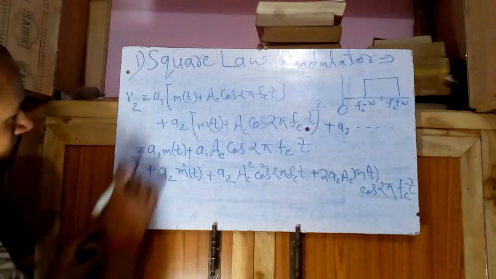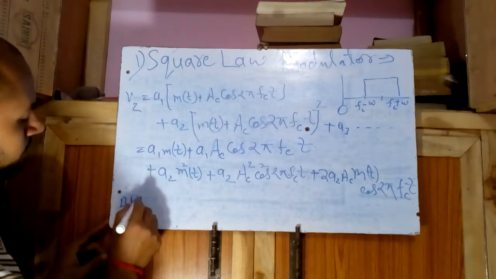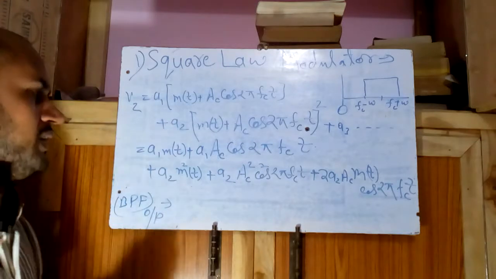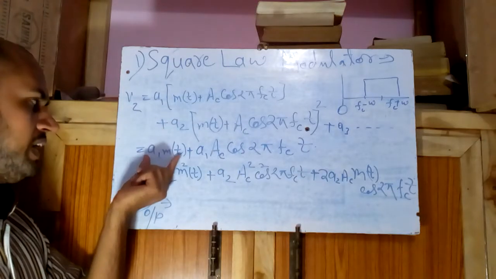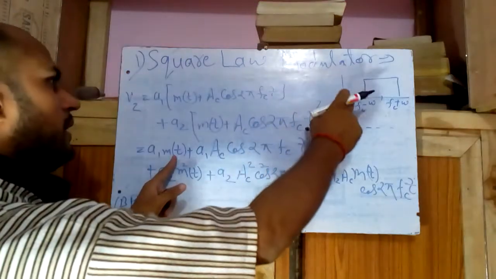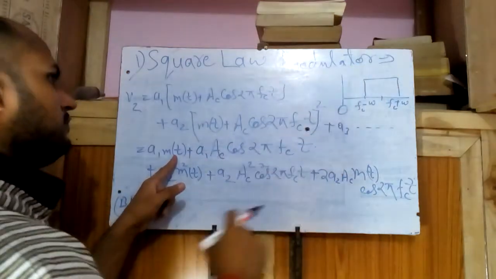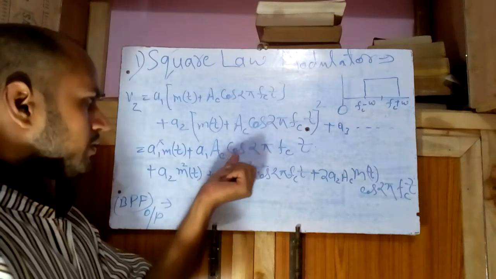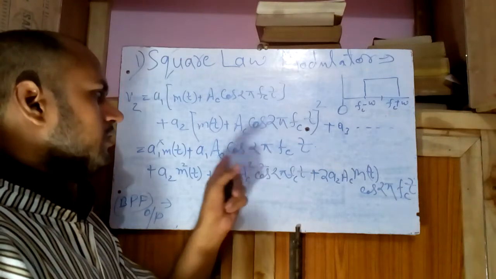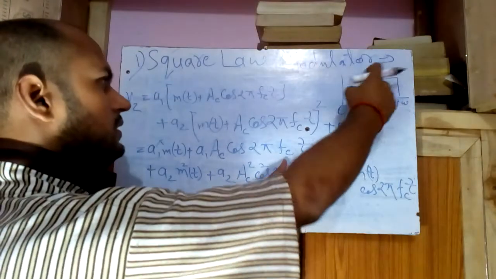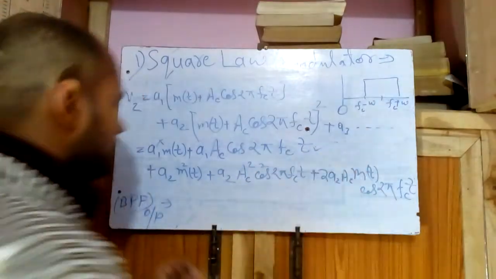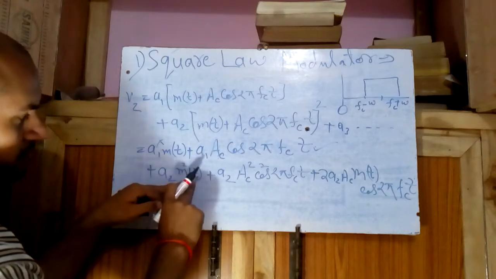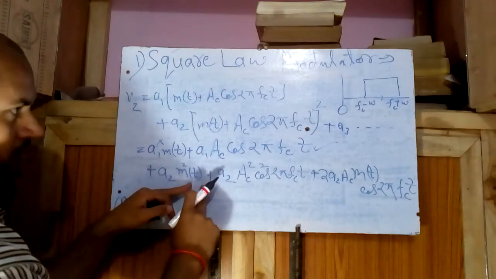So the band pass filter output, BPF output will be, which signal will be passed? A1 MT. MT has the bandwidth of 0 to omega, very less. From this range it is not passed. FC is centered, it is in the range, yes, it will be passed. M square T has the frequency range from 0 to 2 omega.